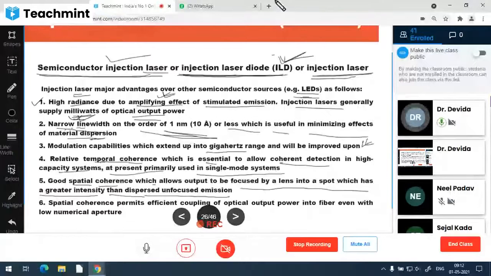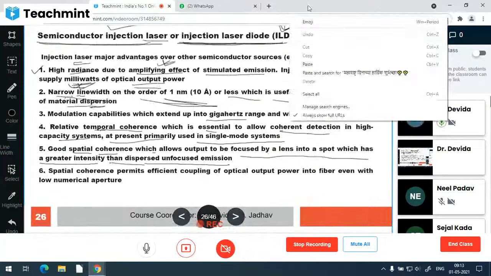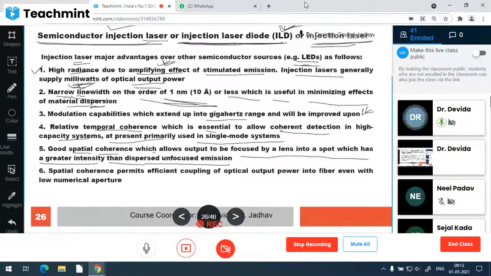And again, that beam can be processed or passed through lenses. Micro lenses are there, having dimensions again in micrometers in the couplers, so that the beam can be very efficiently coupled into the optical fiber. So this is the advantage of the laser, which is not possible in the LED.